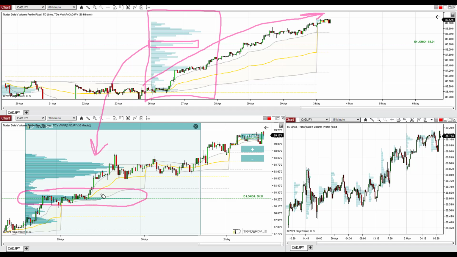This is the one, right? You can see the massive volume spike in here at 88.21. And basically when there's an uptrend, I want to trade pullbacks from the significant volume clusters. So in this case, there's a significant volume cluster at 88.21.